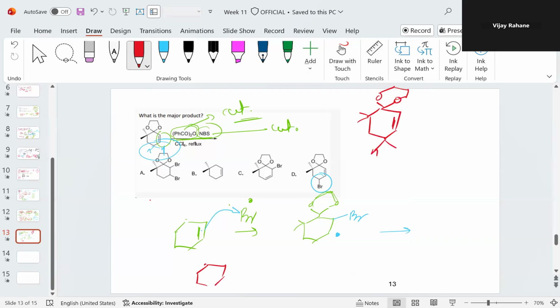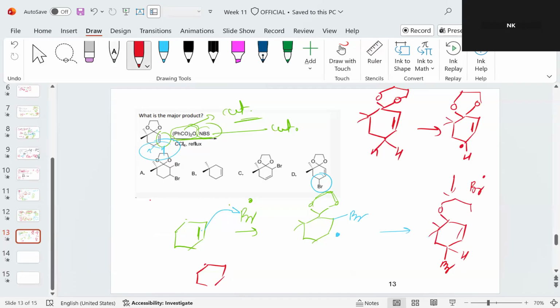This CH bond forms the radical first, which is a stable radical because of this proton. Is it like this? And then when it reacts with this Br radical, it can lead to the formation of this Br and H. Yeah, like this probably. I'm thinking so.